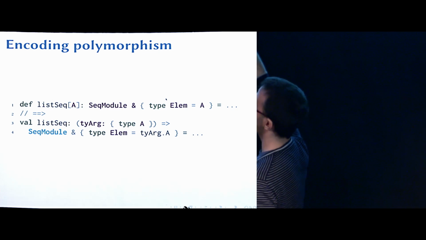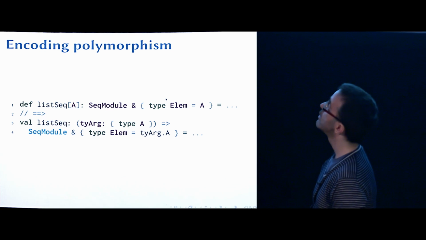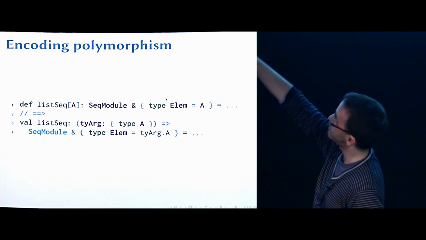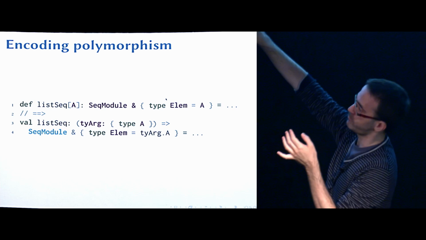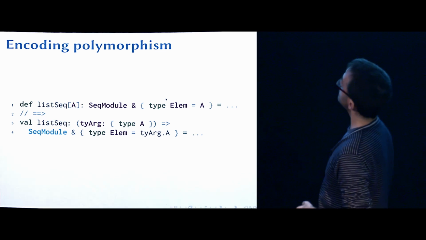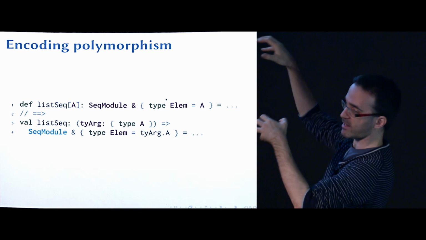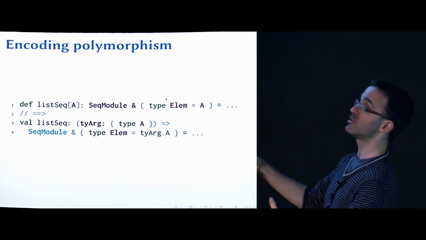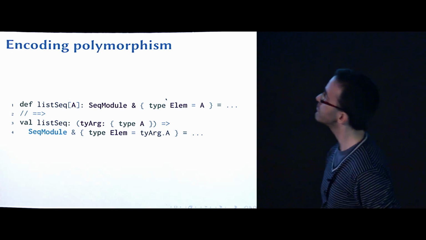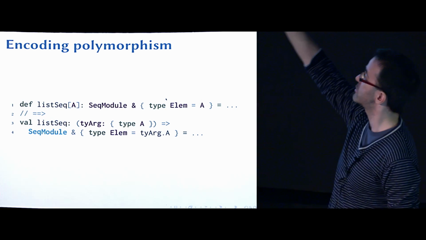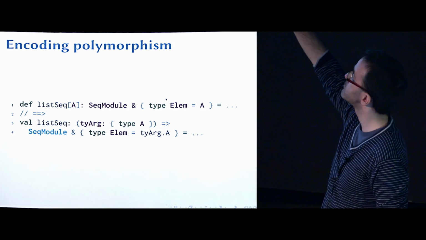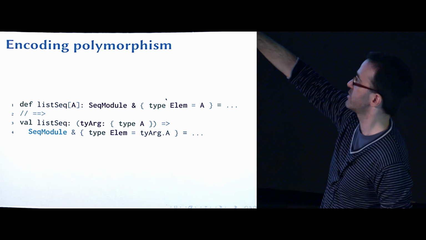So the way we can encode polymorphism is by turning a method into a value, which is a function which takes an object which packs the type argument, and it returns the right type.